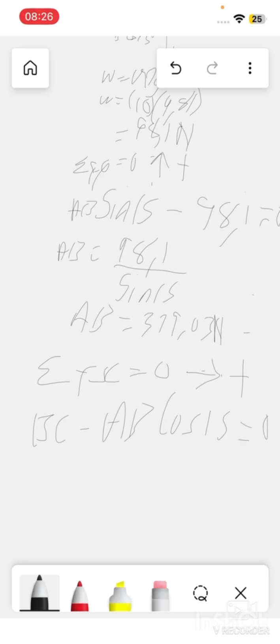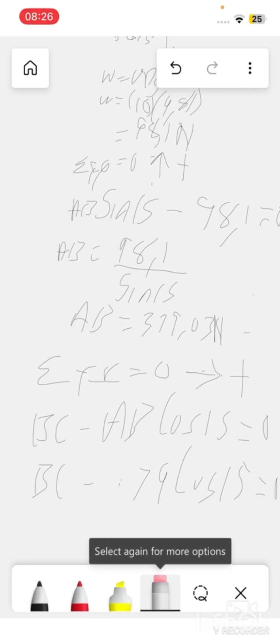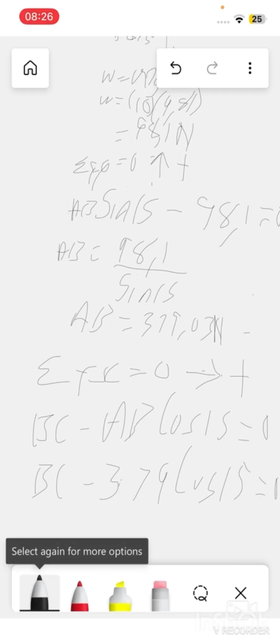Therefore, we calculated the AB. We can substitute AB here. Therefore, we can say BC minus 379 cos 15 is equal to 0. Let me write this very nicely.